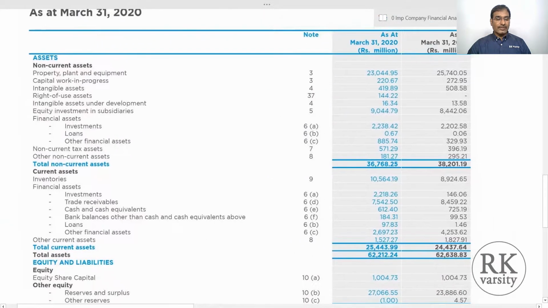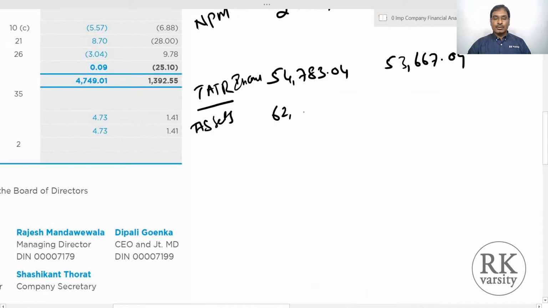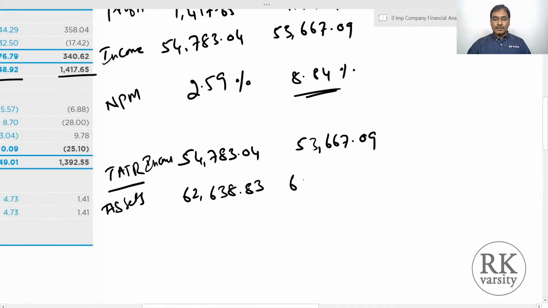So here we have the total assets: 62,638.83 and 62,212.24.